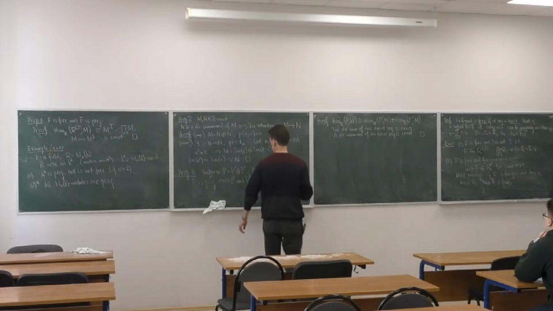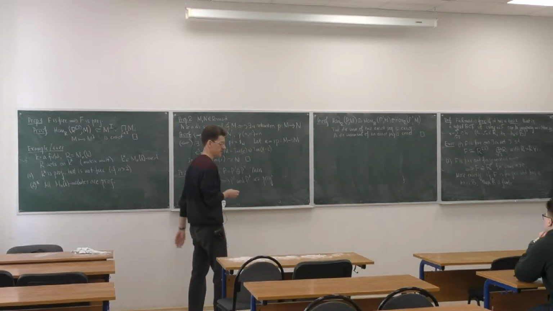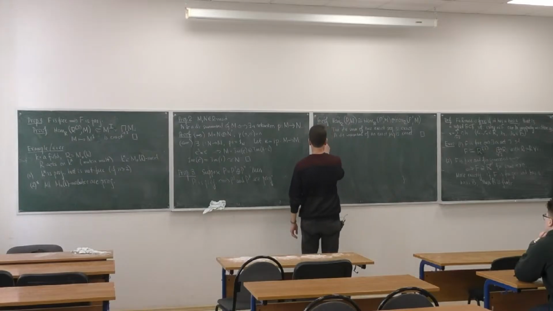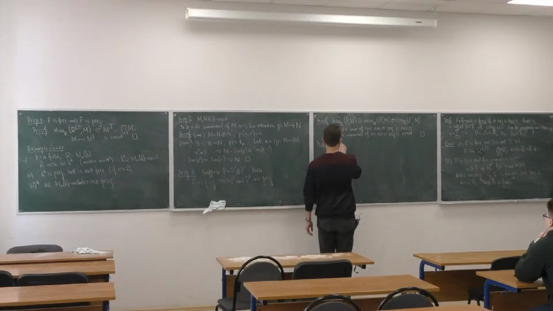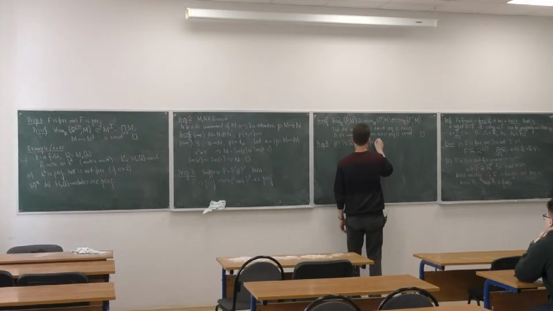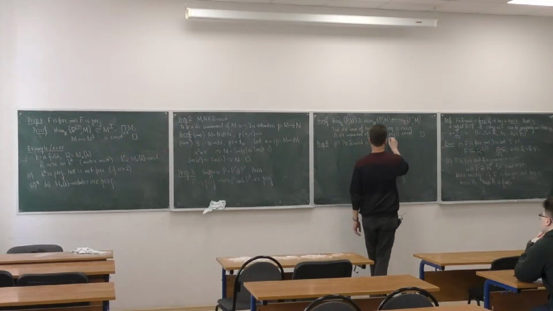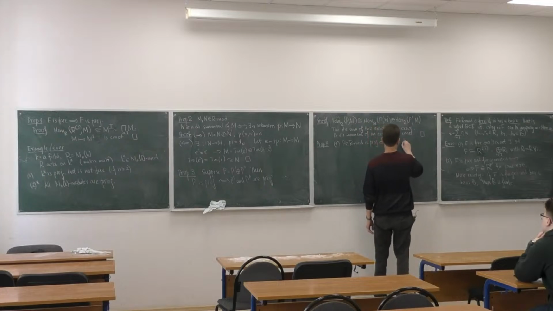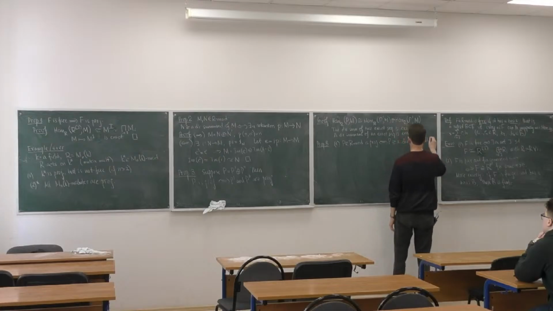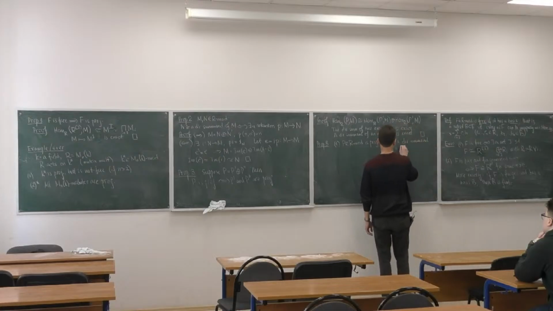Okay, now we can easily characterize projective modules in terms of free modules. This is our proposition 4. A module P is projective if and only if it is isomorphic to a direct summand of a free module.